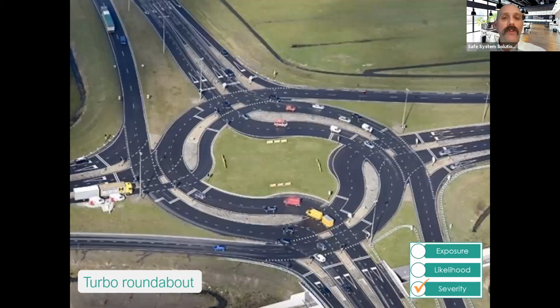And this one I show you for a couple of reasons. It's not in Australia or New Zealand, it's actually in the Netherlands, and it is a large turbo roundabout. And it's signalised, so there's signals as well as the turbo roundabout. And I was talking to a Dutch engineer who we brought over to delve into cyclists and roundabouts as an issue.